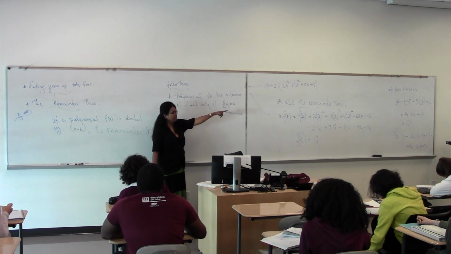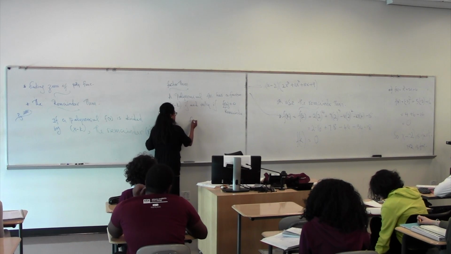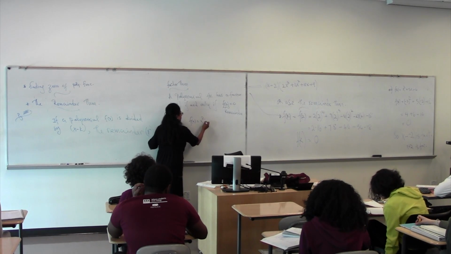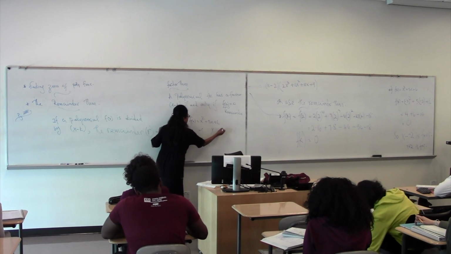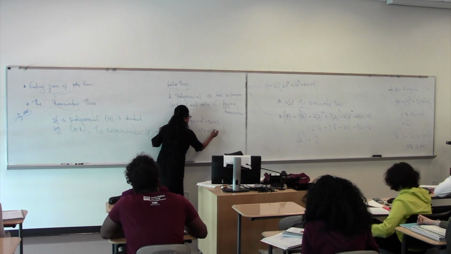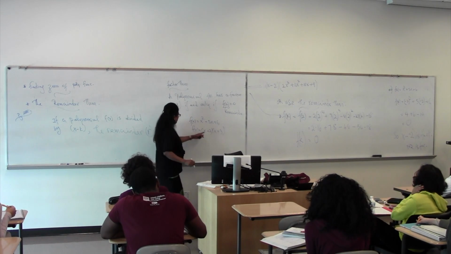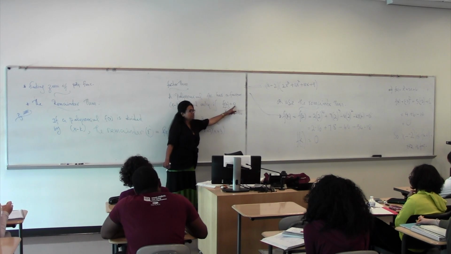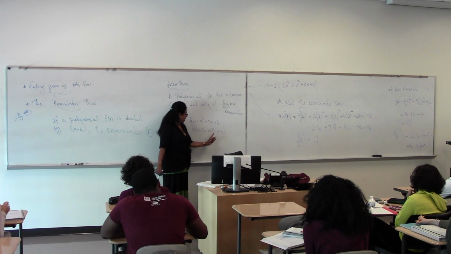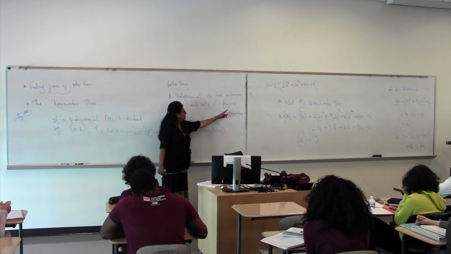And we see that, right? If we factor f of x equal to x squared plus 5x plus 6, what do you get? x plus 2, x plus 3. So now you can say f of negative 2 is 0, and f of negative 3 is also 0.